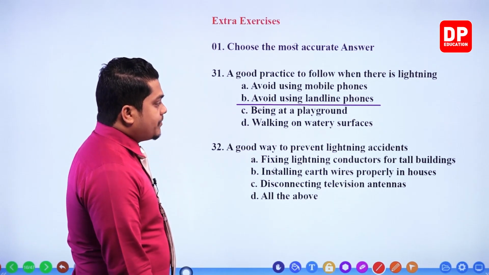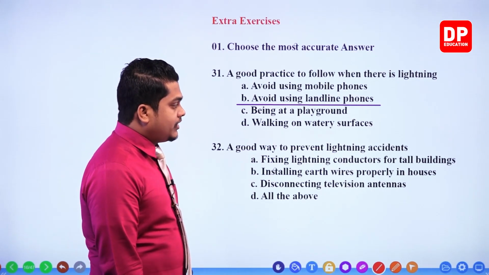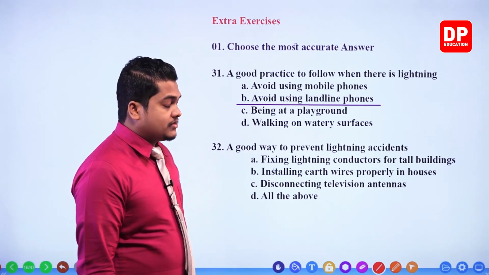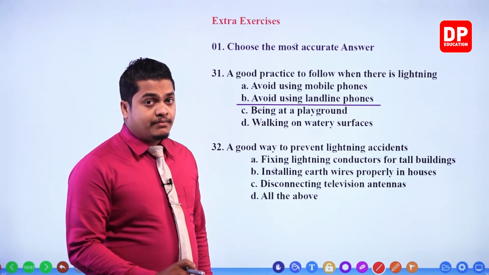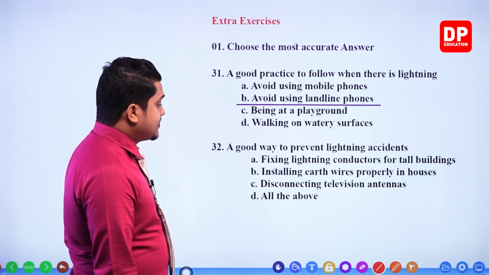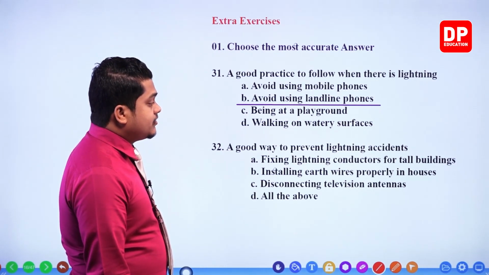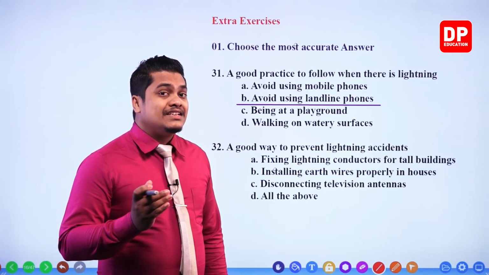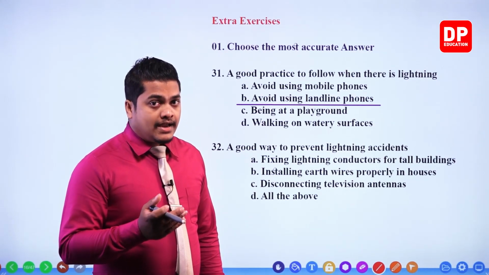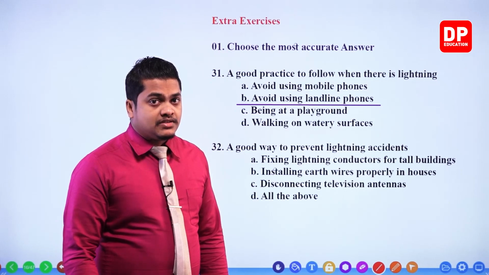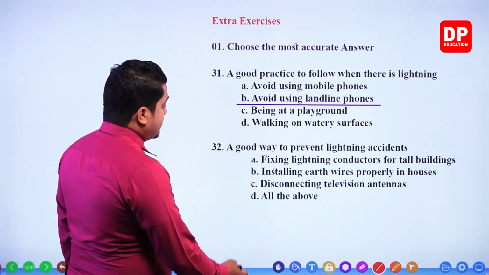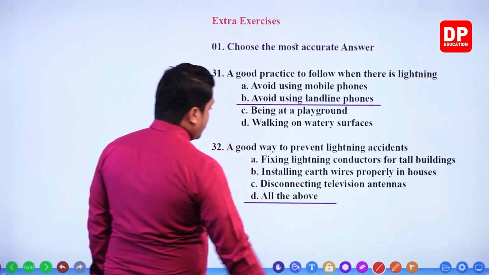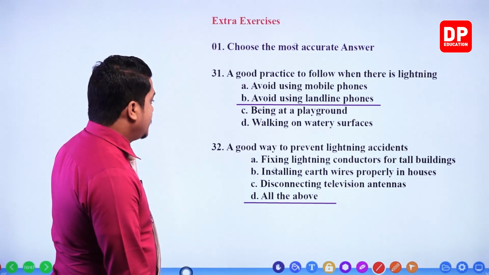Installing earth wires properly will definitely help in safeguarding houses, especially electrical equipment in houses. Disconnecting television antennas is also helpful in safeguarding our television and other electric equipment. So all of these things are correct.